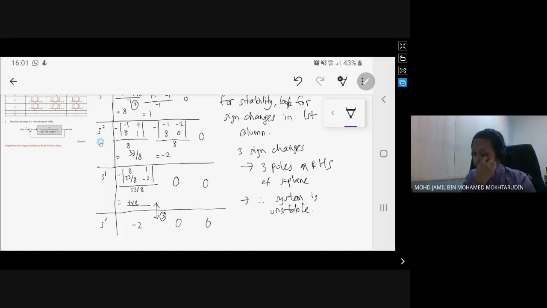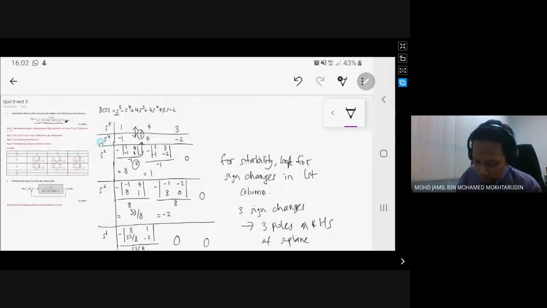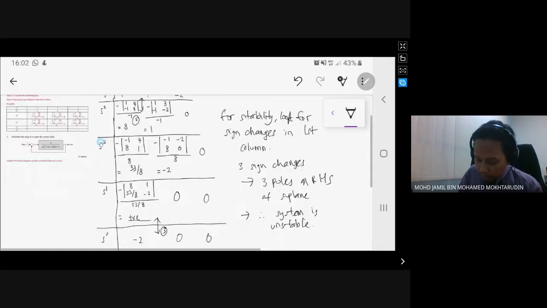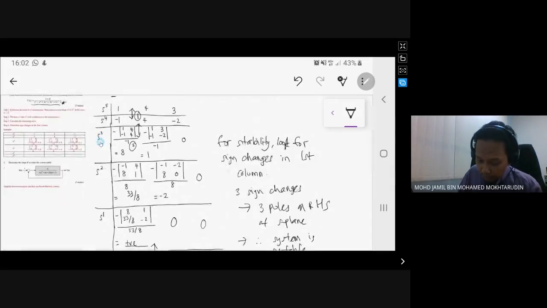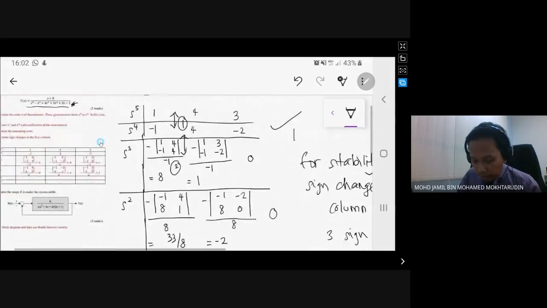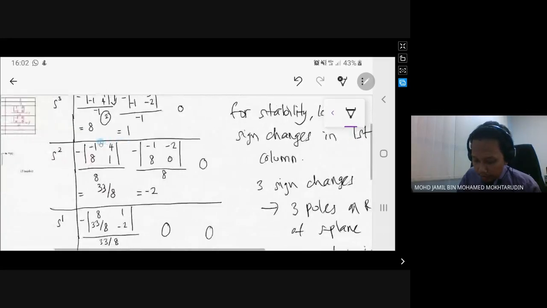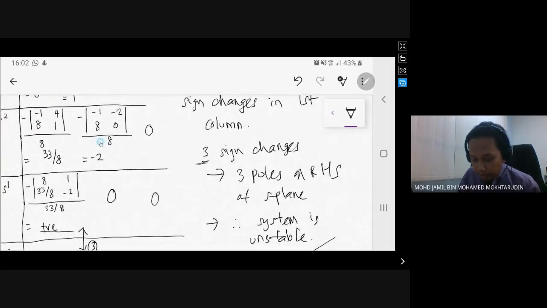Okay, so if you have the word unstable, you get 1 mark. If you have all the calculation, you get 1 mark. Okay, so maybe if you calculate, maybe you get only one sign change. For example, maybe deduct 0.5, minus 0.5.